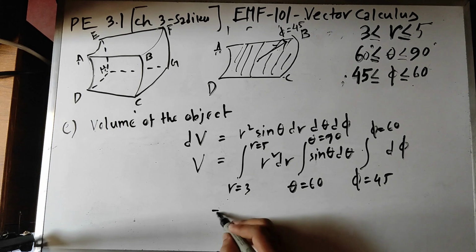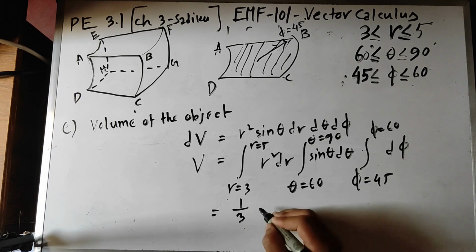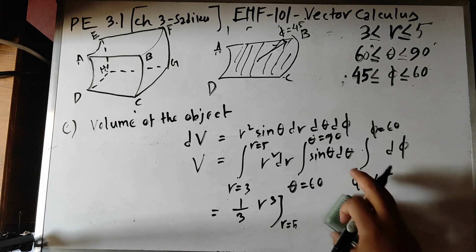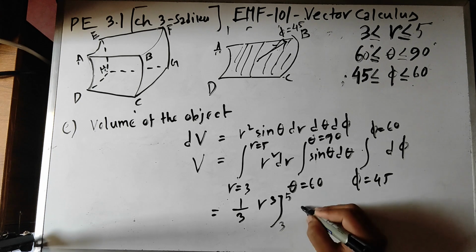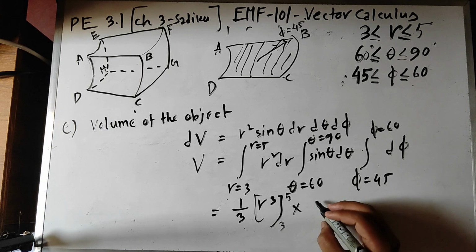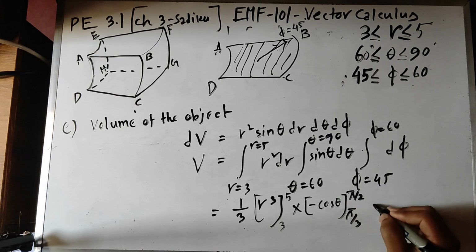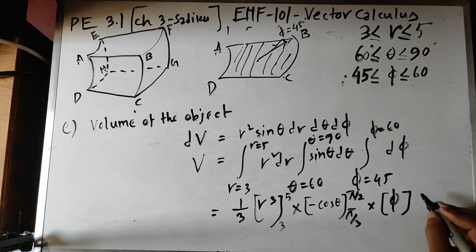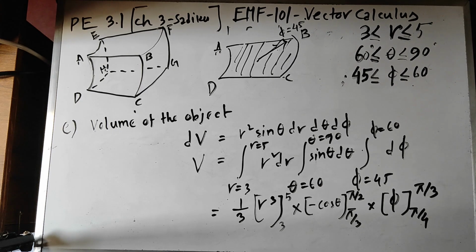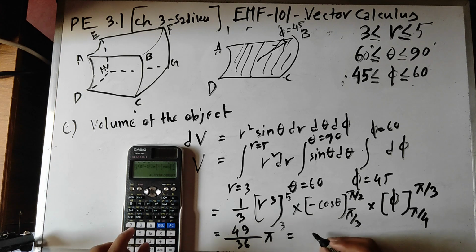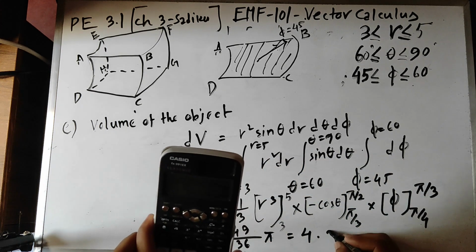If we just integrate these and plug in the values, we get 49 by 36 pi, or 4.276.